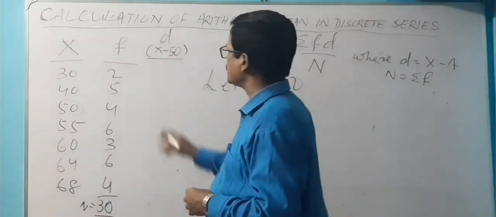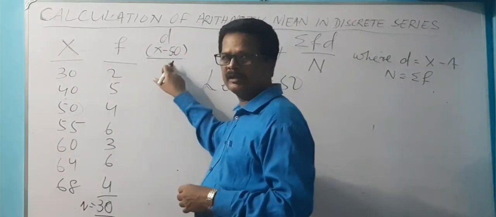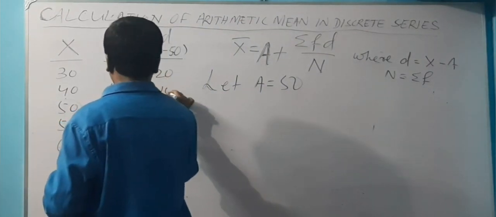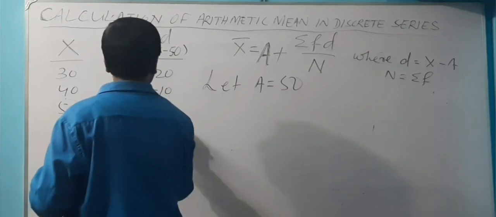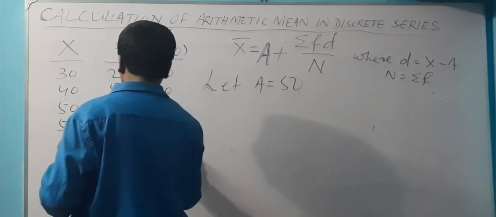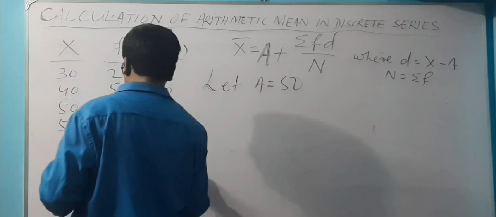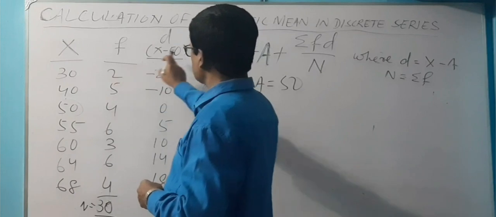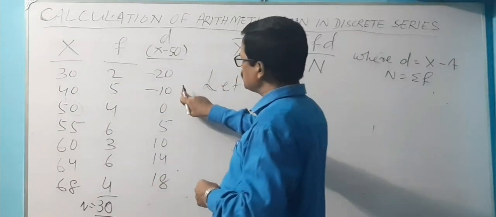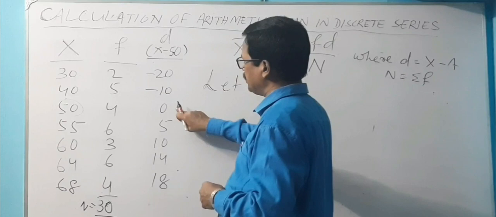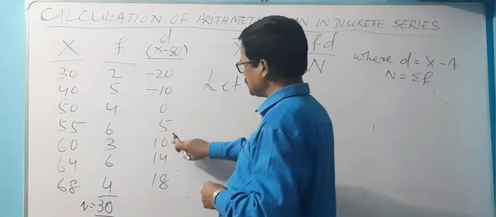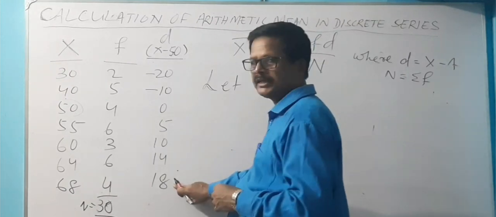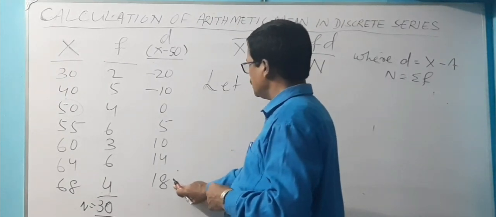What is x minus 50? 30 minus 50 is minus 20, 40 minus 50 is minus 10, 50 minus 50 is 0, 55 minus 50 is 5, 60 minus 50 is 10, 64 minus 50 is 14, 68 minus 50 is 18.